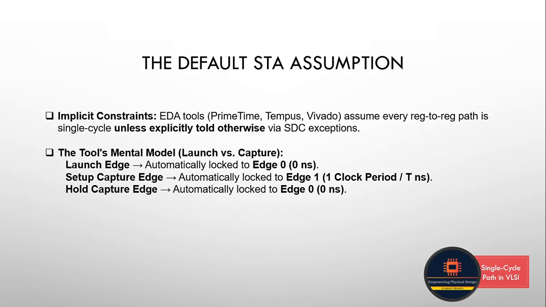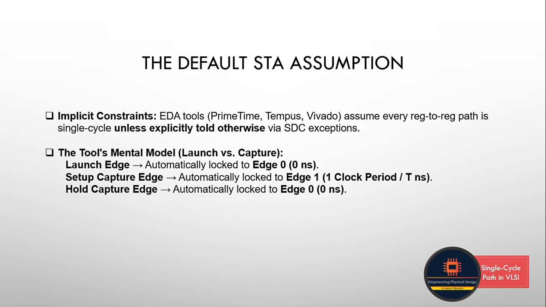So how do these STA tools behave? Every STA tool has a common model or a common algorithm. The model works in such a way that the moment the software sees a path without any special instructions or special constraints, it locks its internal metrics.